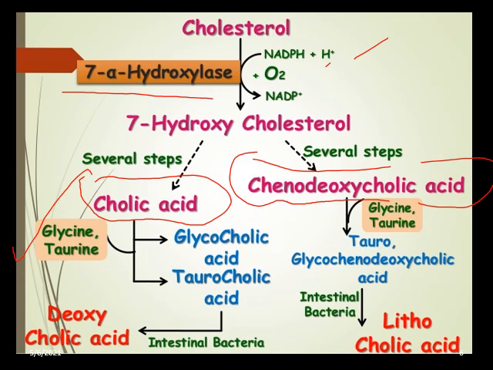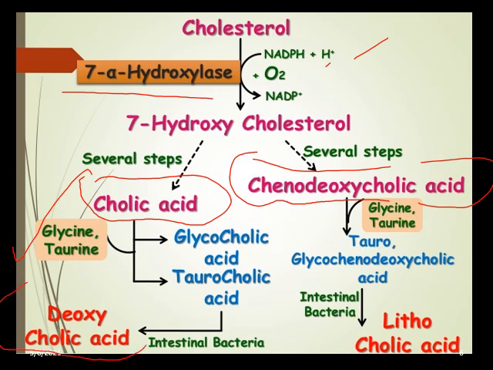Now these primary bile acids are further metabolized in the intestine. The next reaction occurs in the conjugated bile acid secreted into the intestinal canal. That is the sixth step of bile acid synthesis. It is metabolized in the intestine by the activity of intestinal bacteria, producing the secondary bile acids deoxycholic acid and lithocholic acid.